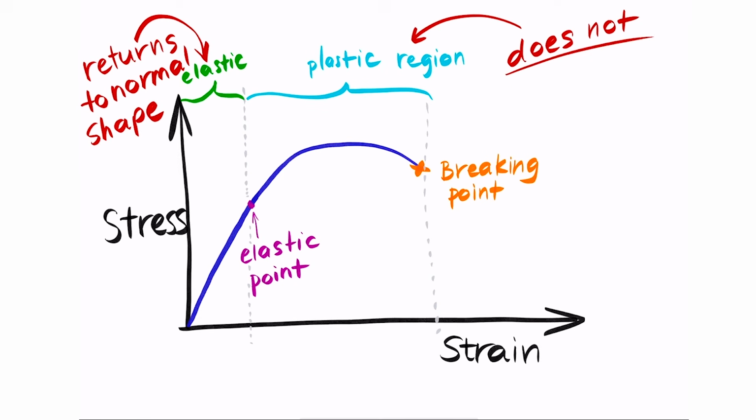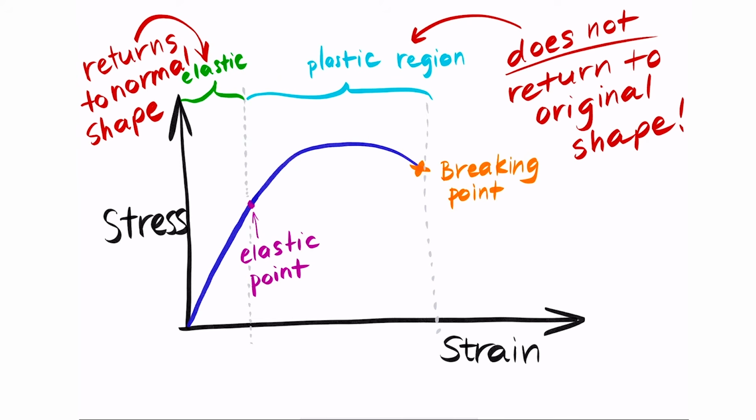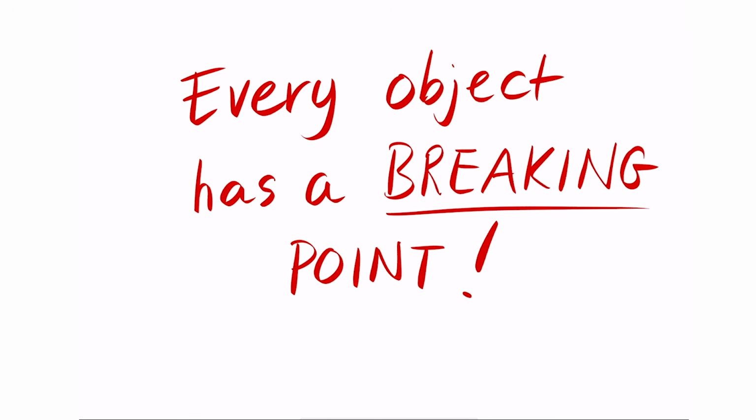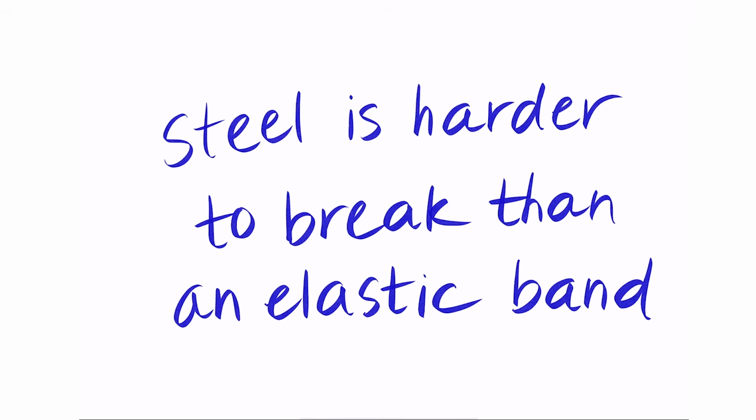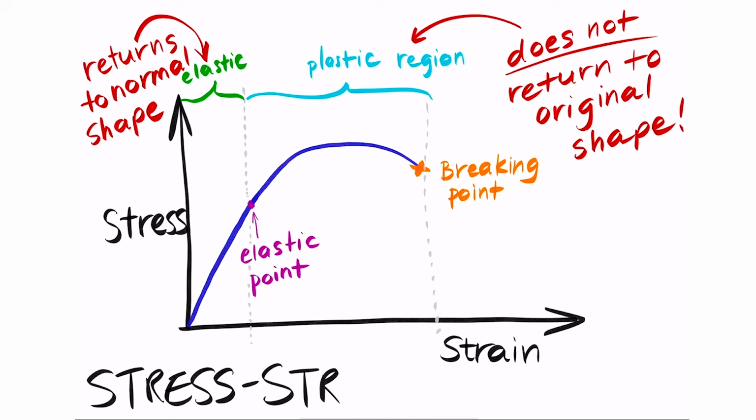It will reach the breaking point and break. Every object has a breaking point, but some objects, like steel, are more difficult to break compared to an elastic band. This graph we drew together is called the stress-strain curve.